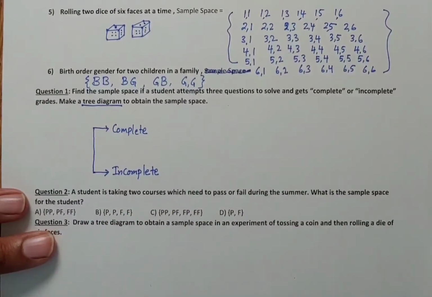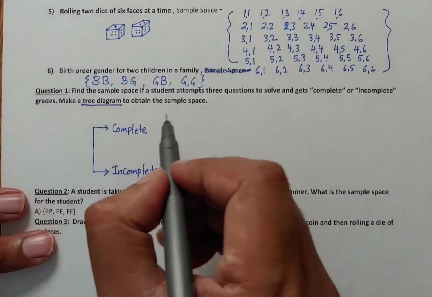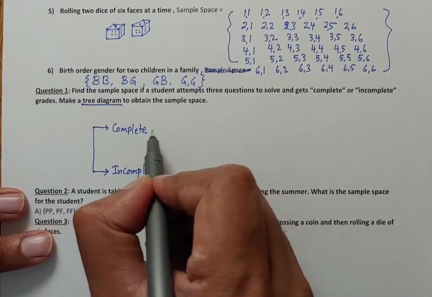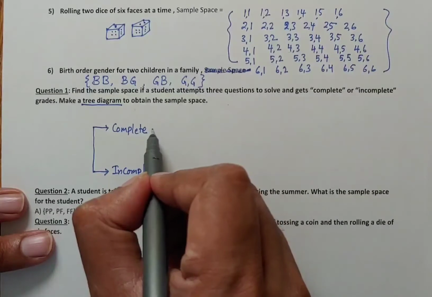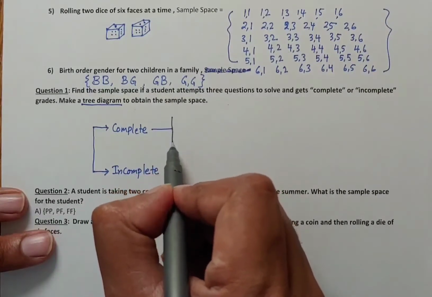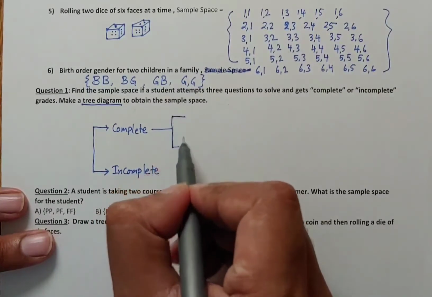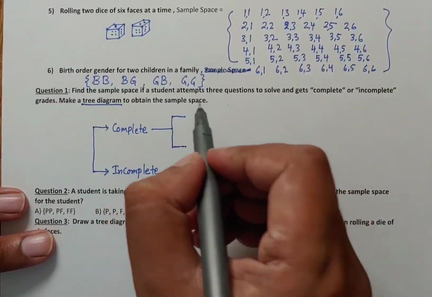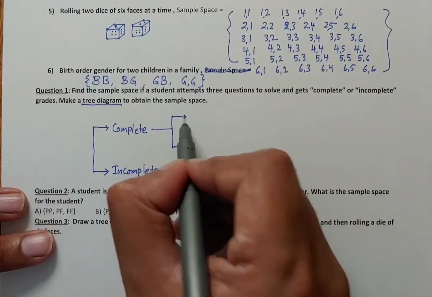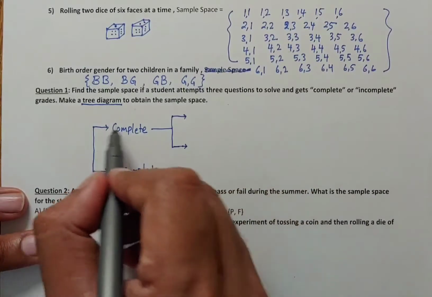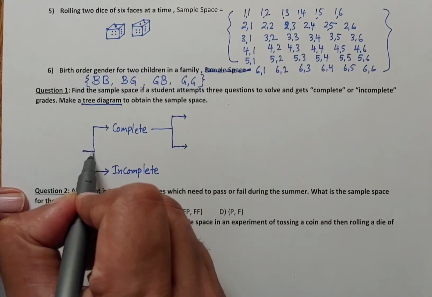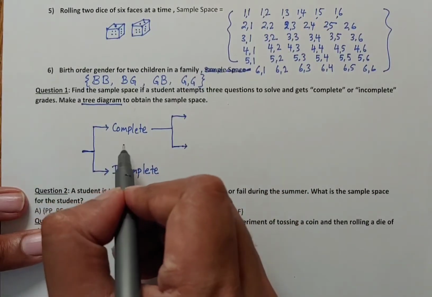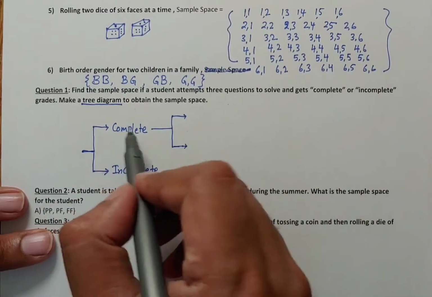So this is the first attempt. Now in the second attempt, if it was a complete in the first one, then there are 2 possible cases for the second attempt, right? So either it's complete for the second question. This was the first question. Okay, so solving first question, complete or incomplete.